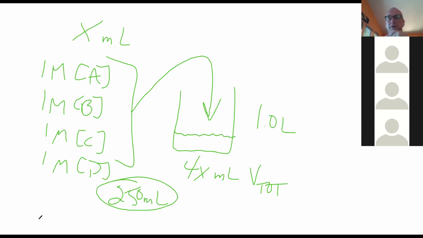What are the new concentrations? I hear some furious clicking on calculators somewhere. 25% for each. Ah, yes, 25% for each. That should sort of give you a clue as to what the new concentration is.